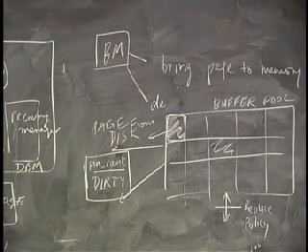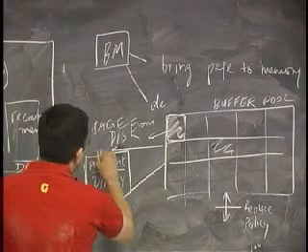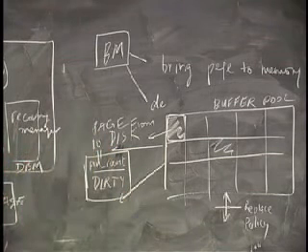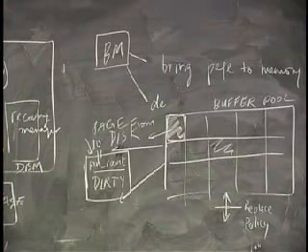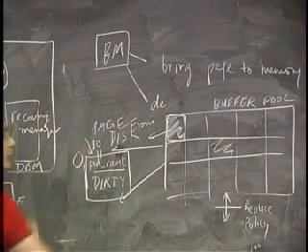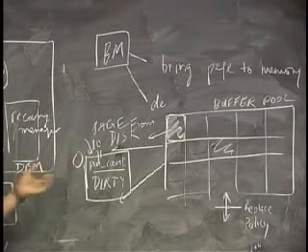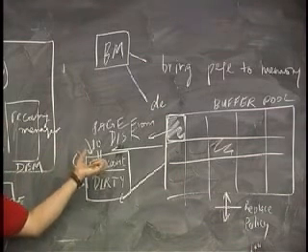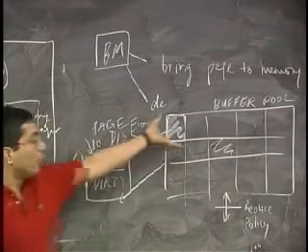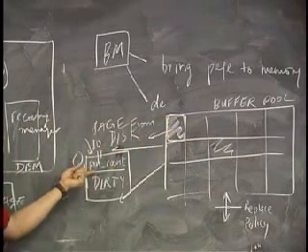There may be 10 people requesting this page at this time, so this pin count will take the value 10. As they release this page, it will keep decrementing. Till it becomes 0, it knows it is being used. So it keeps track of this pin count to make sure not to release this page or block till the pin count becomes 0.